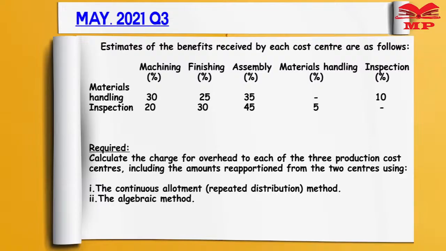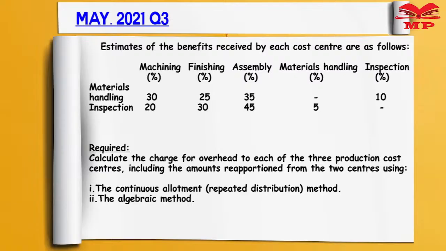Then estimates of the benefits received by each cost center are as follows. We have machining, finishing, assembly, material handling, and inspection. So we have the details for material handling and details on inspection for all other departments.